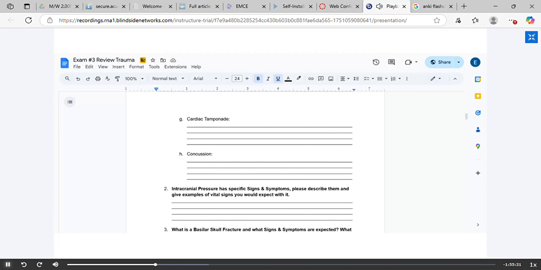B as in boy, B-E-C-K, Beck, Beck's triad. Okay, and a triad, of course, is three things. And Beck's triad is going to be JVD, which is our jugular vein distension. It's going to be narrowing pulse pressures, which I'll talk about in a moment, and muffled heart sounds. So those three things are going to be like your telltale signs of cardiac tamponade.